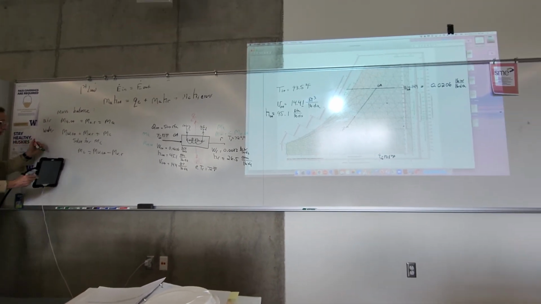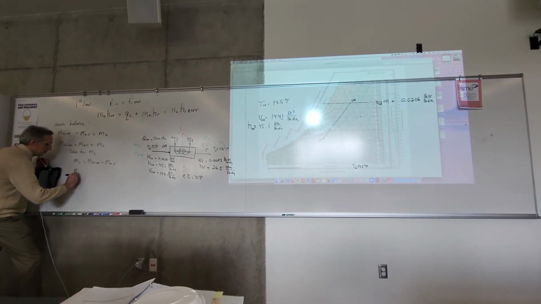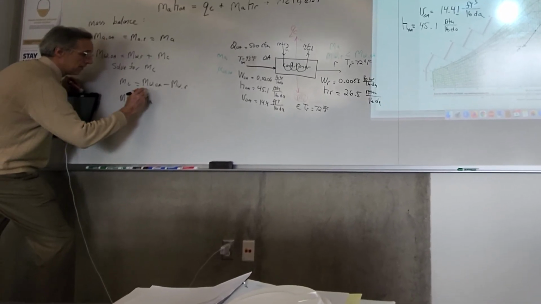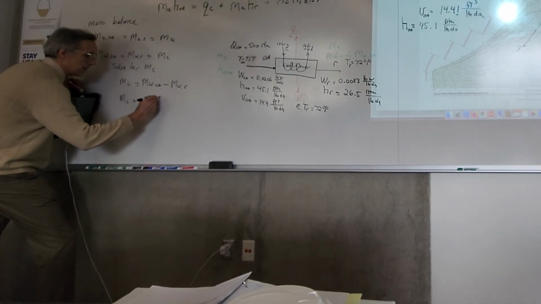And this can be written in terms of the mass flow rate of the air times the humidity ratio.